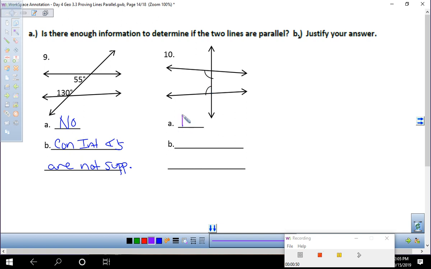So again, on this one, no, it's not enough information, because unfortunately those consecutive interior angles are not showing me that it's supplementary. So same type of problem, same type of answer, just a little different on what that picture looks like.